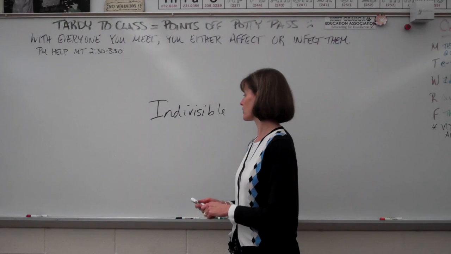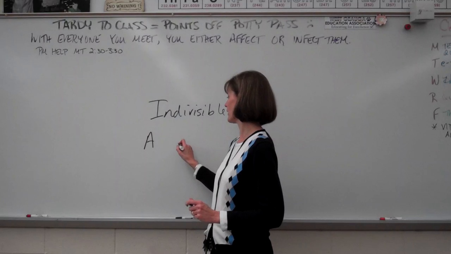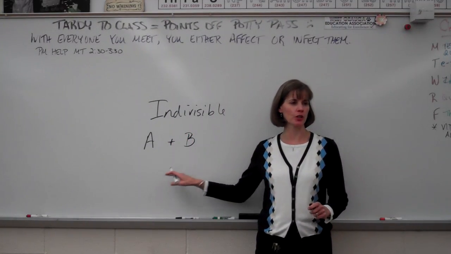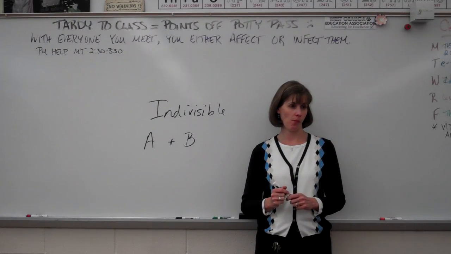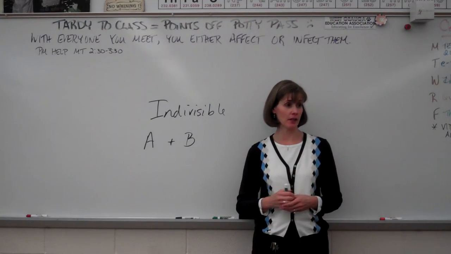If we have a compound made of fake elements A and B, what can you tell me about the proportion by mass between those? The ratio between A and B is constant.